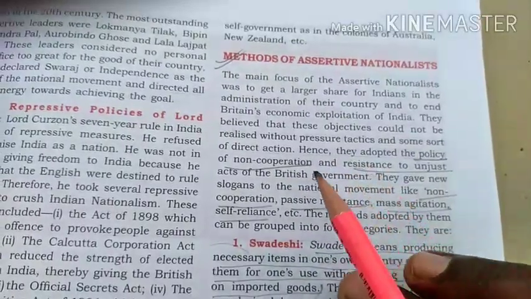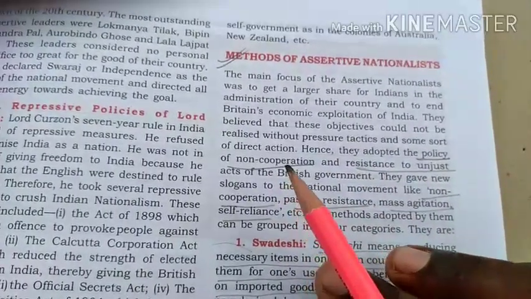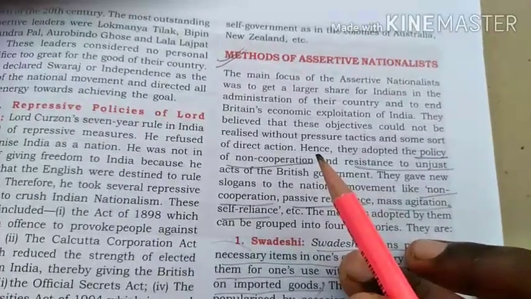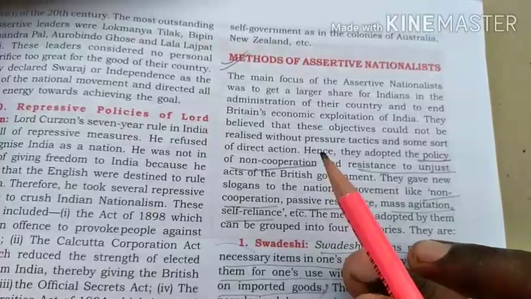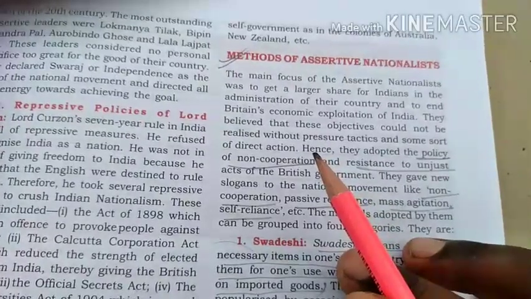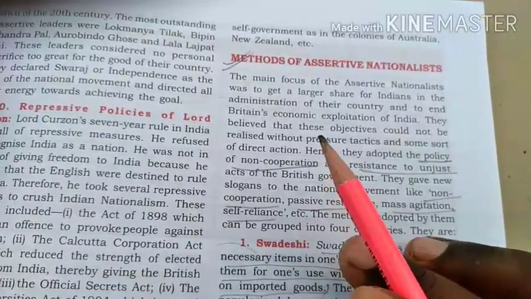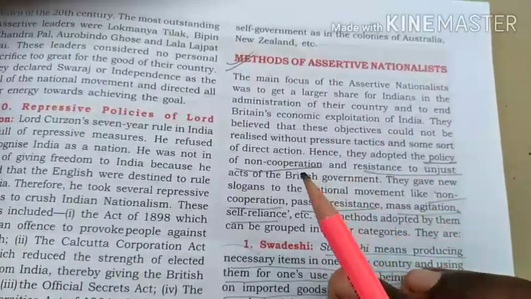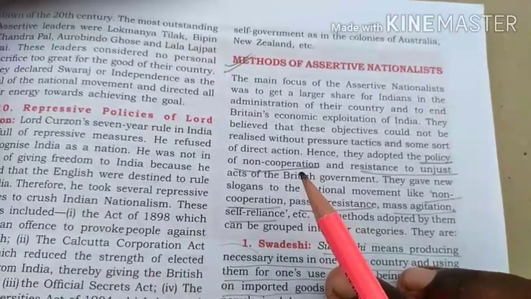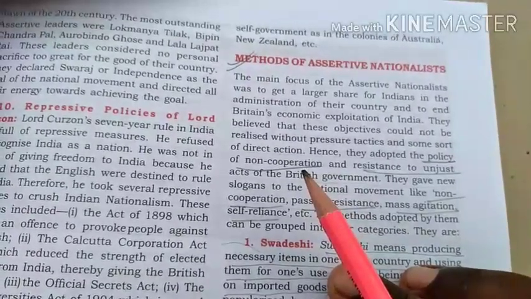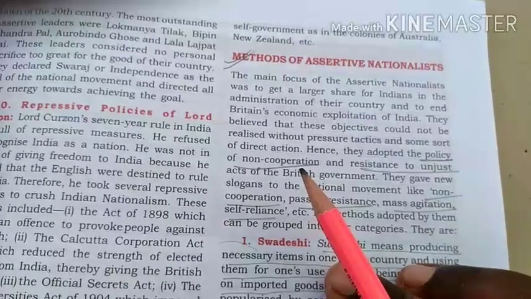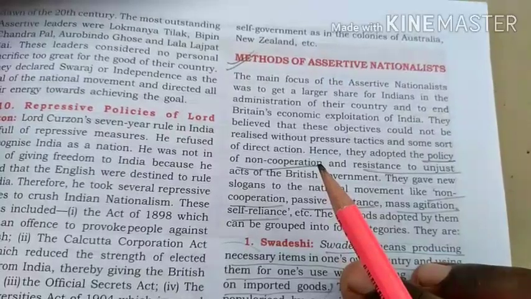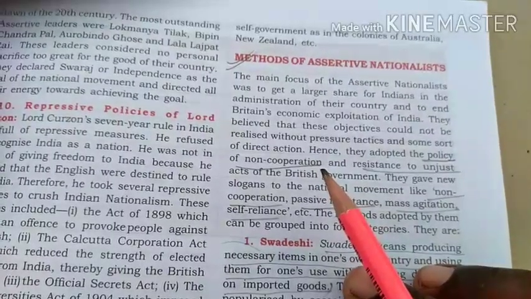Hence they adopted the policy of non-cooperation. That's why, to control economic exploitation and to get a larger share of administration for Indians, they adopted the policy of non-cooperation. What do you mean by non-cooperation? Non-cooperation means the British should not be cooperated with anymore. The British should not be supported anymore in any field, in any area.